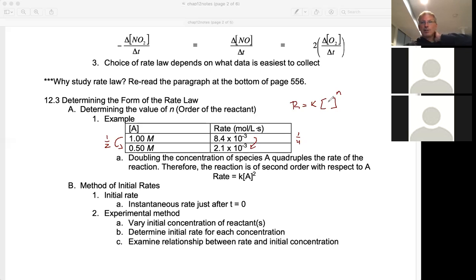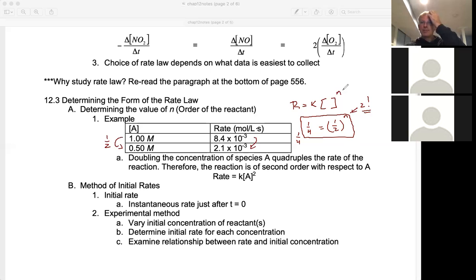My concentration was cut in half, and my rate was cut by 1/4. I'm going to ignore the constant for a little bit. So what power would I raise a half to get 1/4? 2. So this is actually a second order equation.